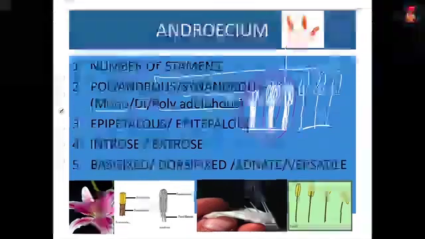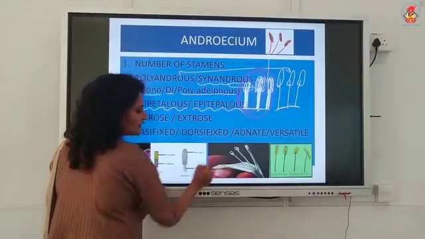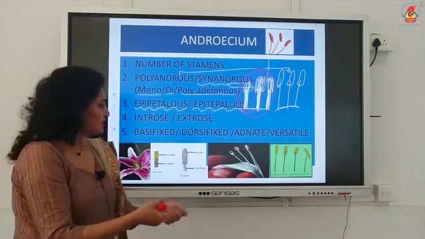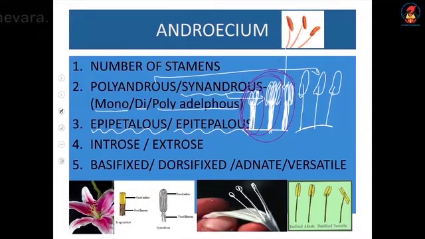Next, epipetalous or epitepalous. From this picture you can understand. Look at this picture. Look at the stamens. See, I am highlighting the stamens. And look, the stamen is attached to the petal, that's why they have shown it like a peeled posture. See, it is attached to the petal or attached to the tepal.